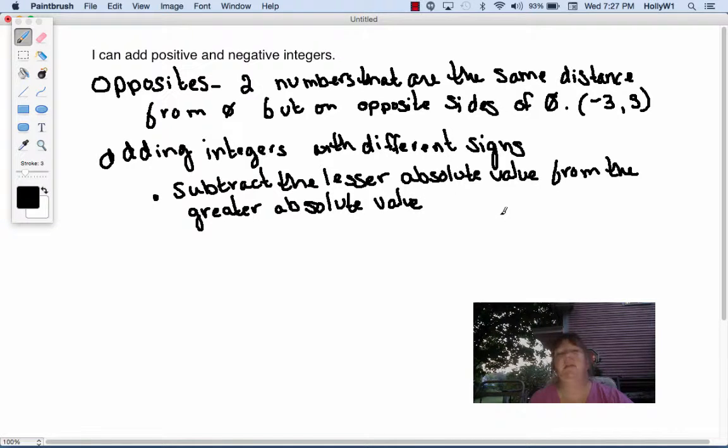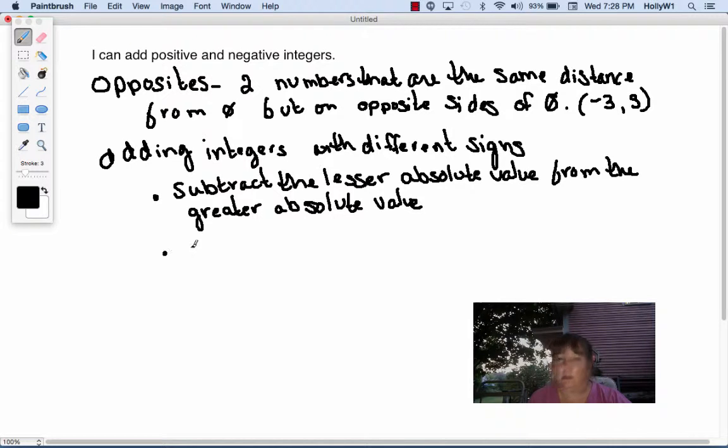Remember, we talked about this yesterday also when we made up that table. We talked about what happened when you had integers with different signs. And you guys knew the answer, and then we went back and talked about how we got there, depending upon the values of the original numbers.